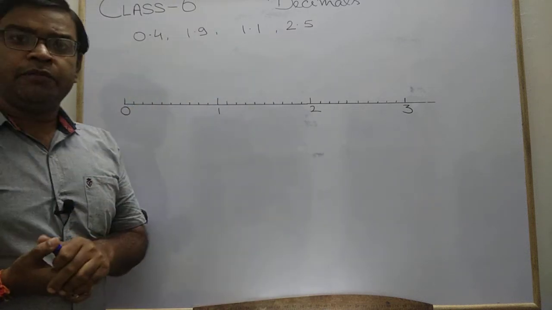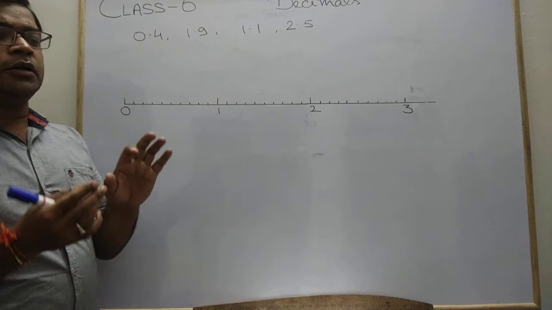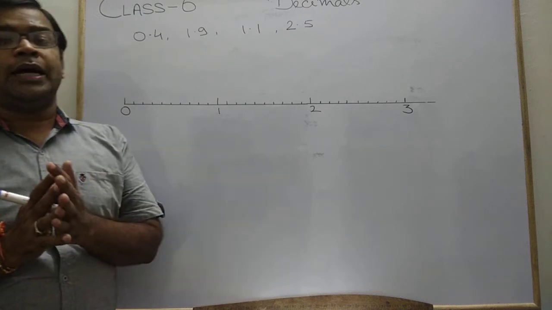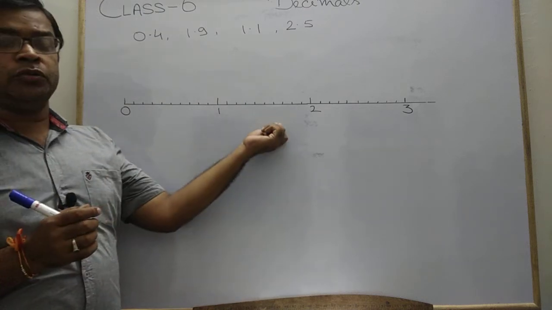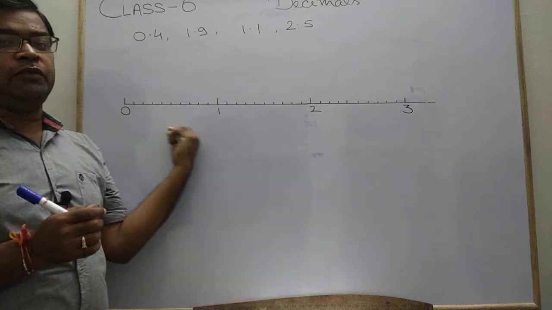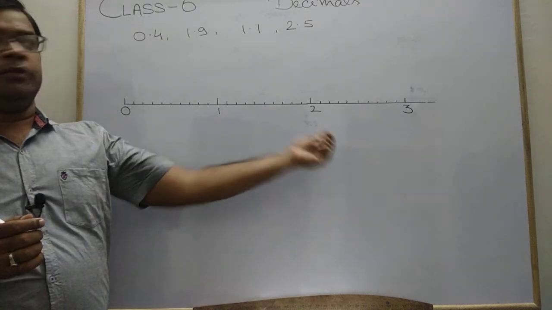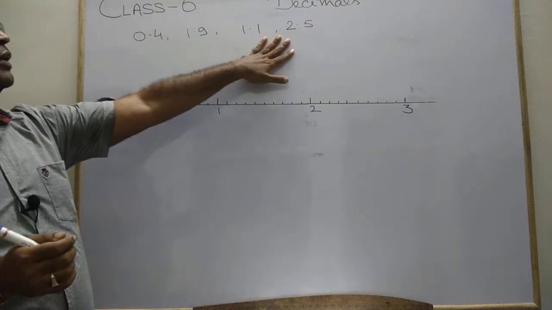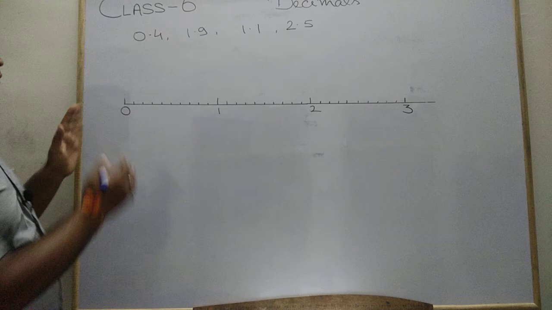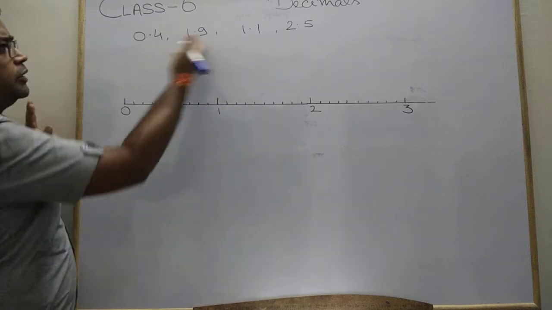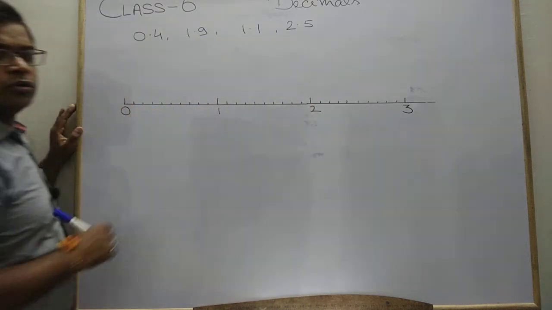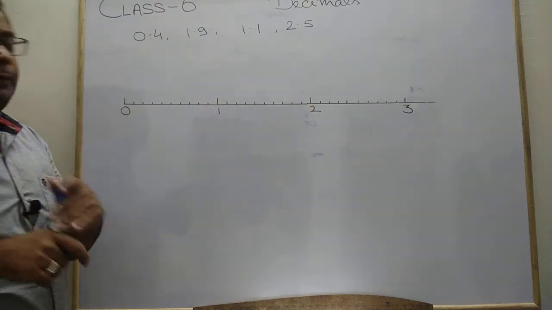Previously you learned that on number lines you add 0 in the middle, and on both sides we write positive or negative. But in this case all the questions are given in positive form, so there is no need to write the 0 in the middle, because the numbers take more space to draw a clear line.